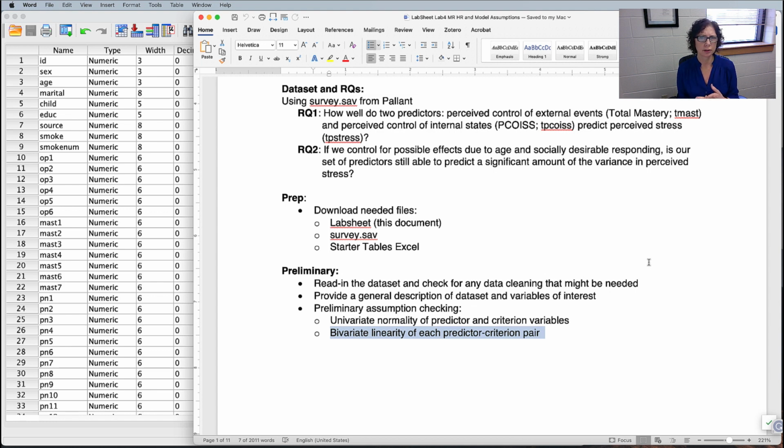Because age and social desirable responding are things that we cannot control, not as an organization or as a researcher.